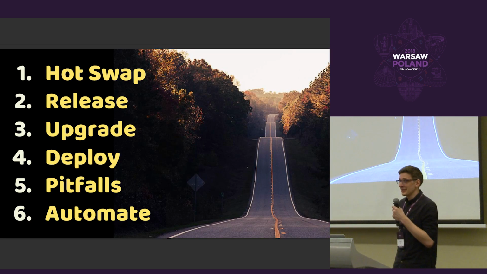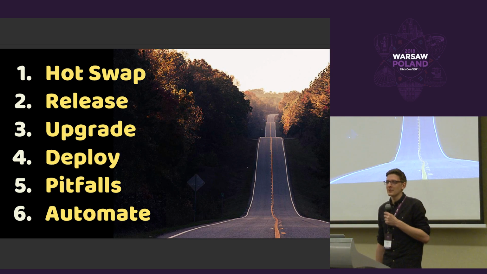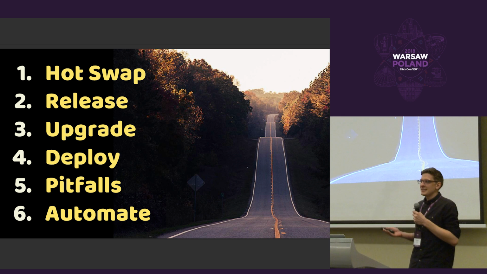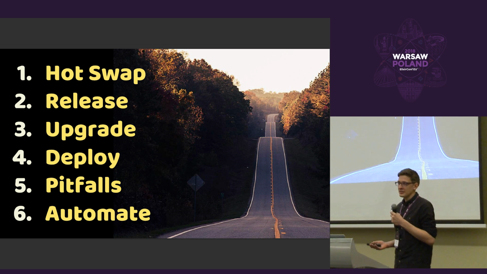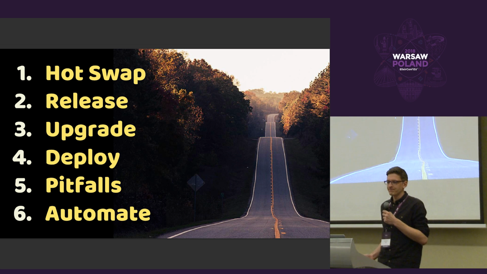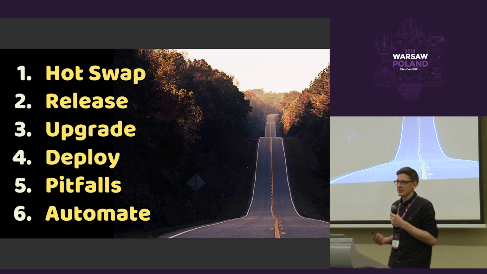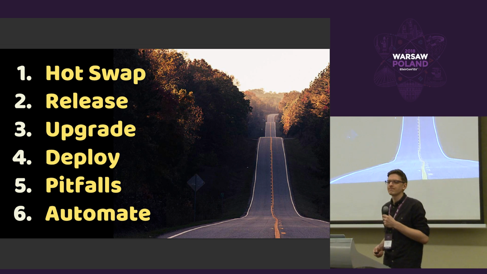So here's what we're going to cover in the next 40 minutes. First, we're going to look at the basic mechanism whereby the beam swaps your modules. It's actually really simple. And we're going to inspect OTP releases. Next, we're going to look at the core of the upgrade process, the upgrade instructions that you find in your relup files.